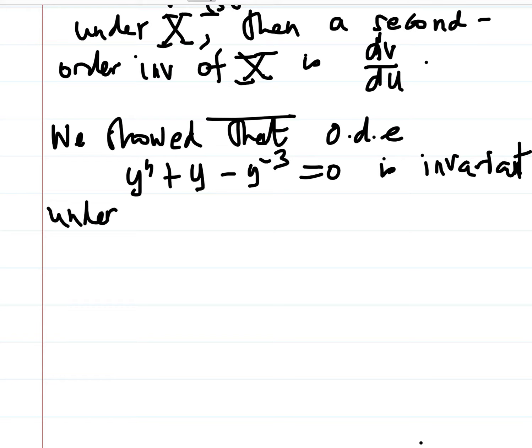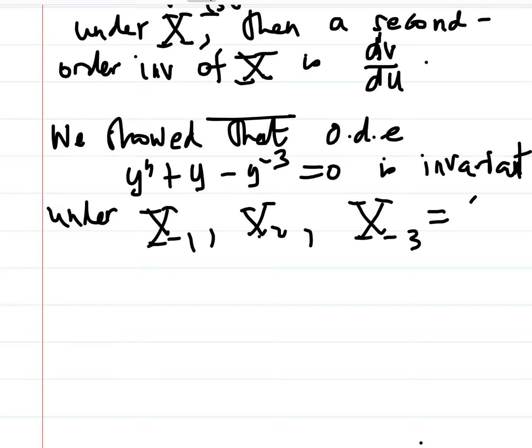In fact, it's a Lie group with bases that I call X1, X2, and X3. X3, recall, was the translation in x. So I'm going to use X3 merely to demonstrate how we use this theorem to reduce the order of this differential equation. Right, so the previous theorem says we need to find the zero order and first order invariant.